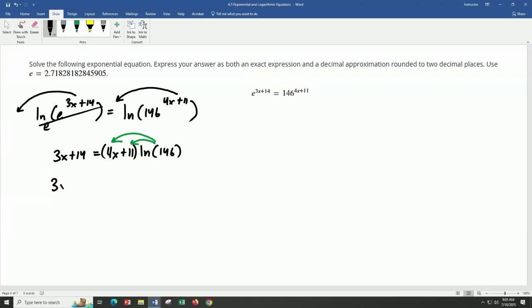Right again. 3x plus 14 is equal to, I've got 4x natural log of 146 plus 11. I will definitely be using a parenthesis around the 11. Natural log of 146.